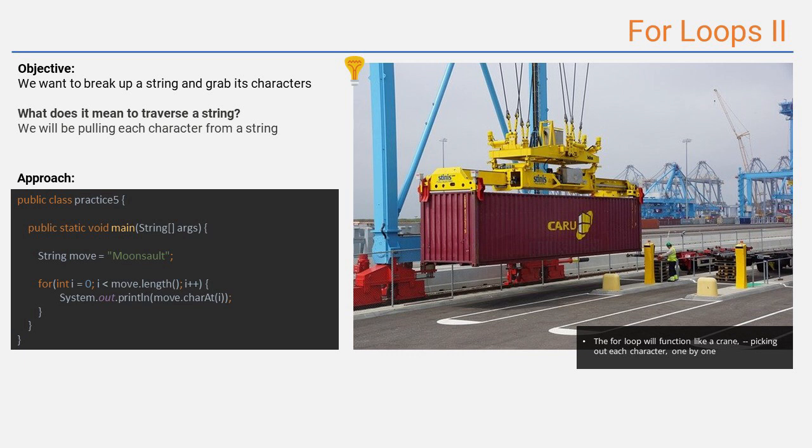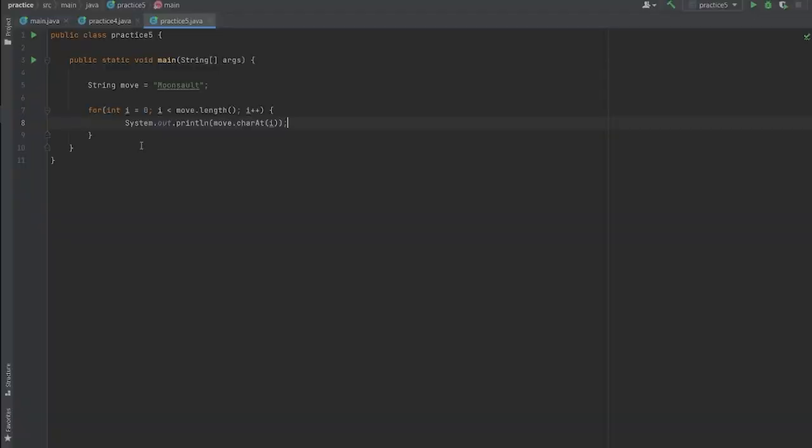We're going to be counting one by one, or iterating one by one. Then we are going to use the print statement. We're going to use our variable, and then we want to pull every character, which is our charAt, with each iteration.